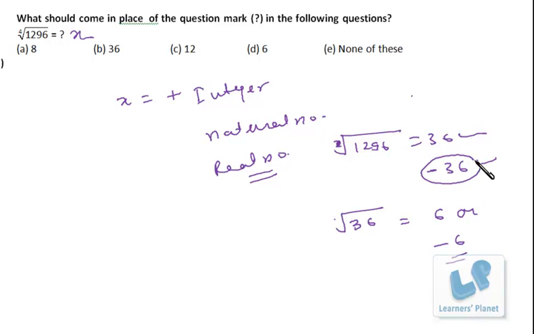But the square root of minus 36 is not a real number, it will be an imaginary number. I am not clear about the status of x, whether it is a real number or imaginary number, so I cannot reach any conclusion. That's why none of these will be the correct option.